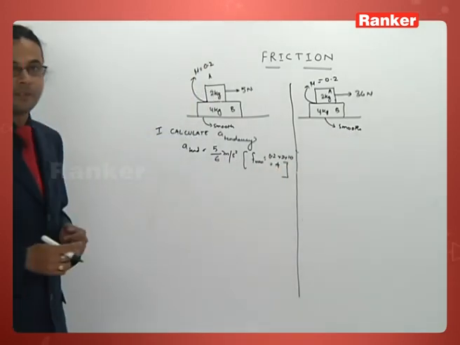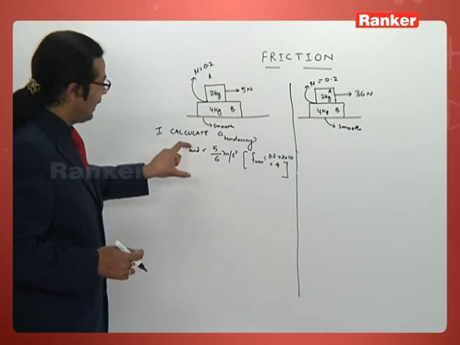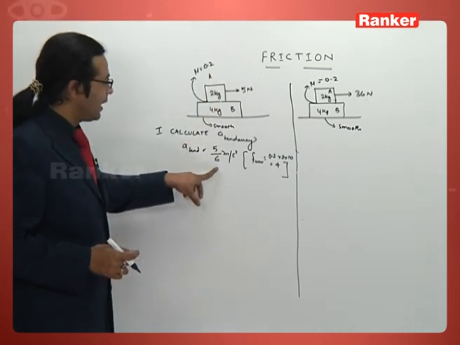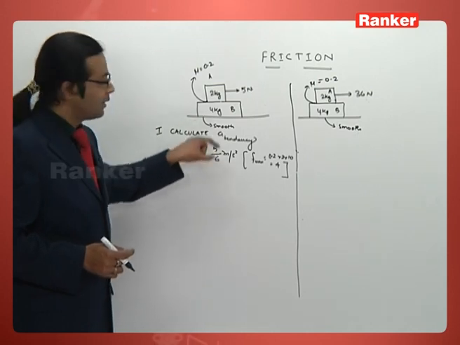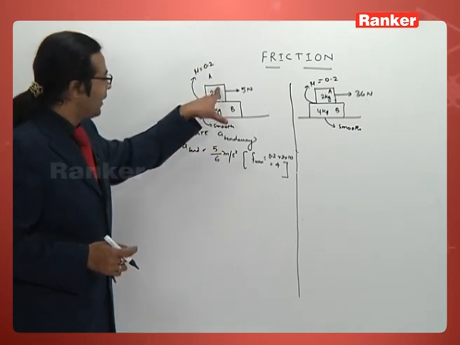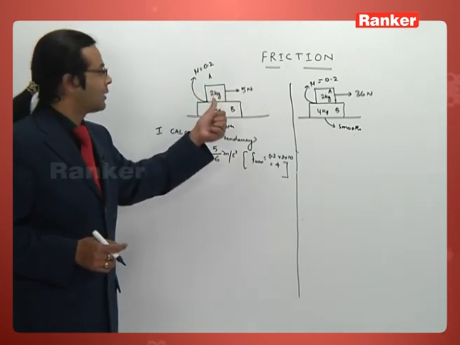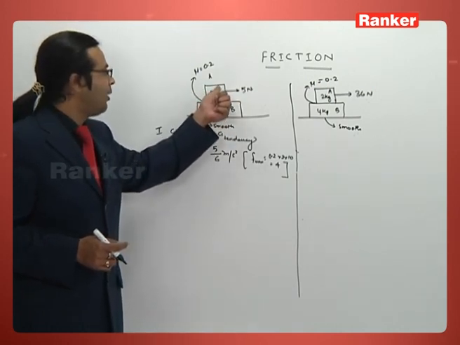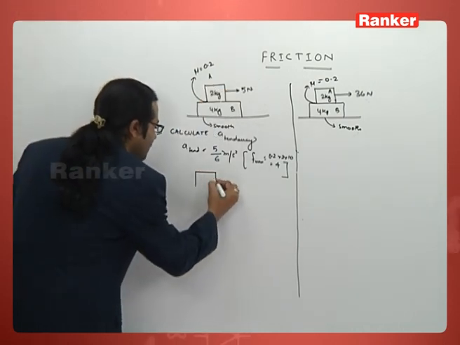Now this 2 kg block has a tendency to accelerate in the forward direction with acceleration 5 by 6. The relative motion of A with respect to B will be in the forward direction, so the frictional force acting on A will be in the backward direction. So I write it like this.